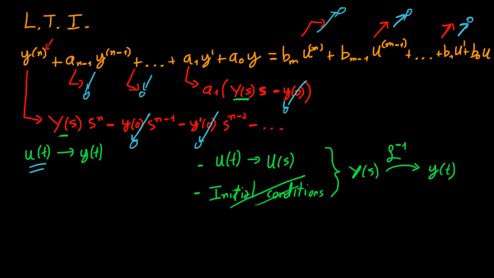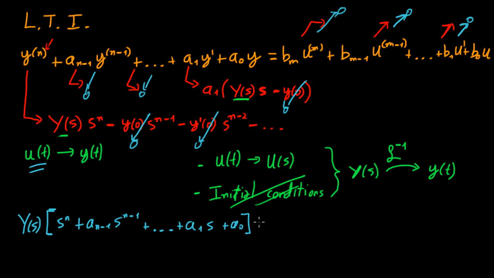Well, in that case, the algebraic equation we get in the s domain is a lot easier, and it is the following one: Y of s, which is taken out as a common factor, is multiplied by s to the n plus a n minus 1 s to the n minus 1, plus all the rest of terms until a1 s plus a0.